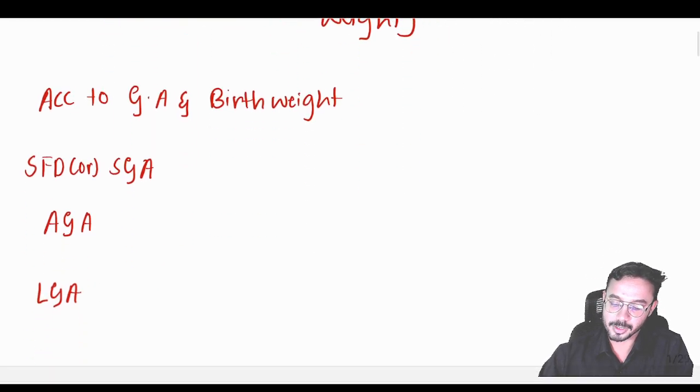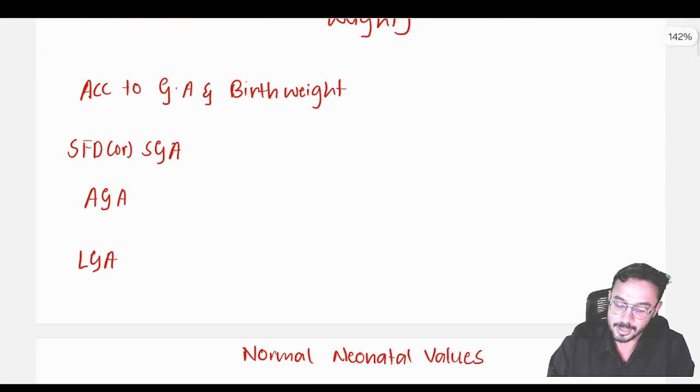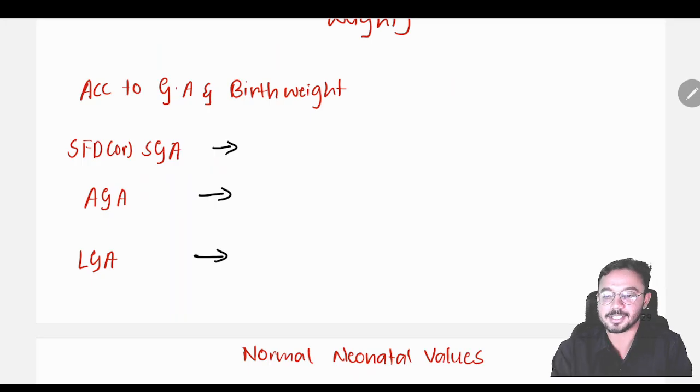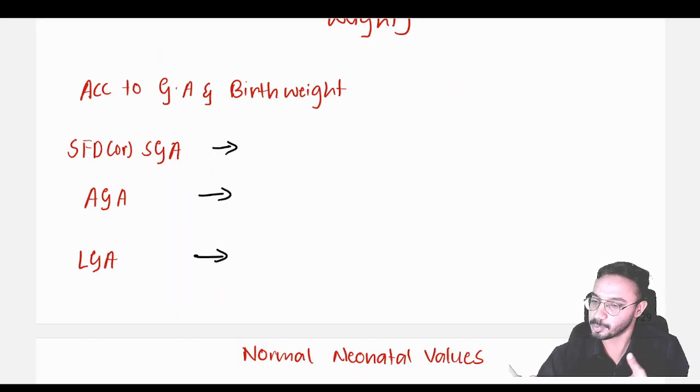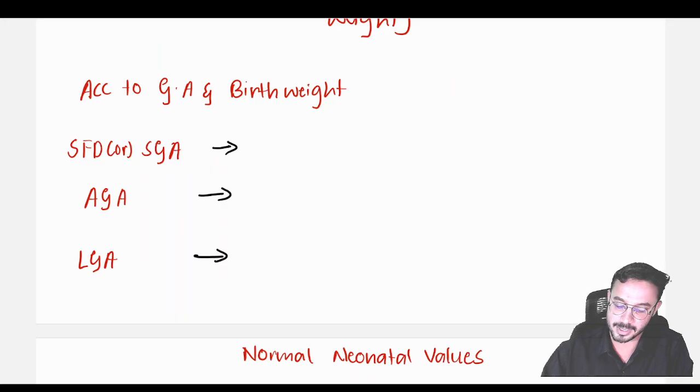Next, according to gestational age and birth weight, babies are divided into SGA, AGA and LGA. SGA is small for gestational age, and SFD is small for date. Both are the same. If I put the baby's birth weight on this graph, there will be two cutoffs.